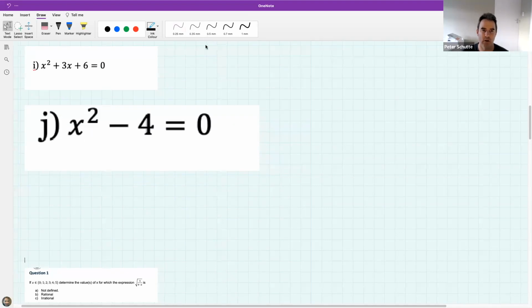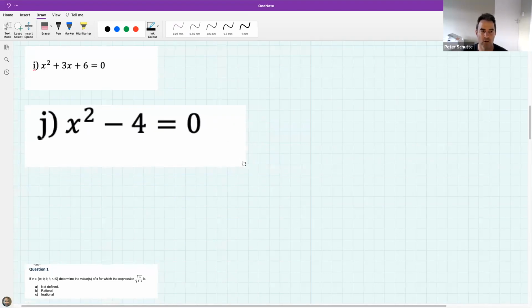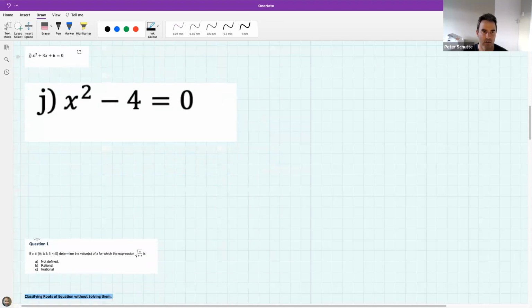Without solving the equation, what are the nature of these roots? Get rid of that one for now.